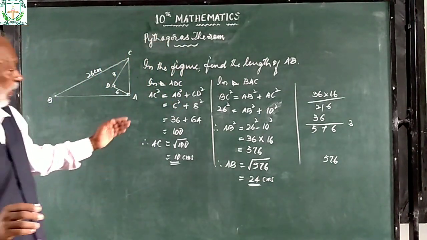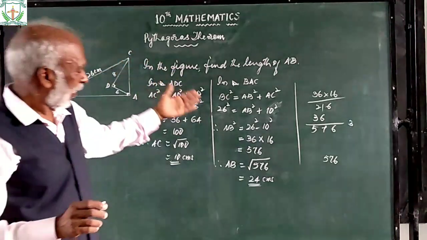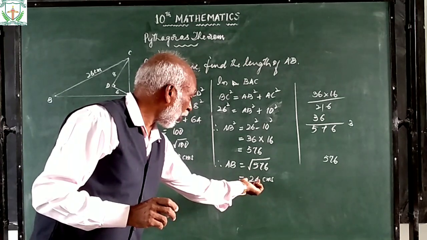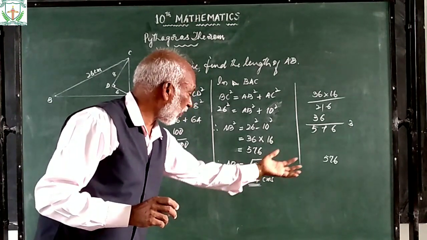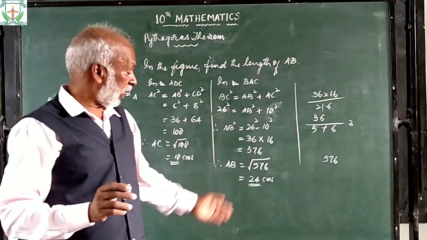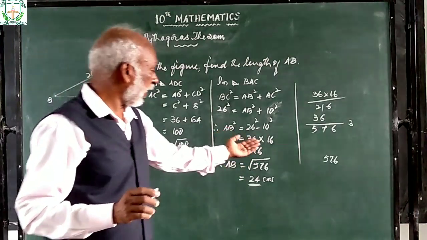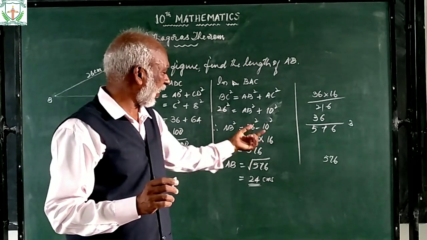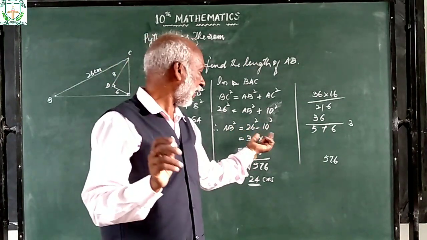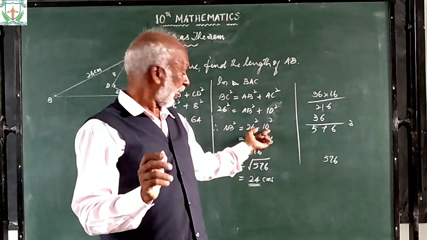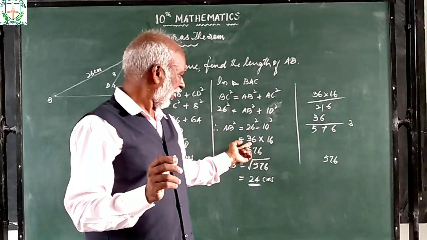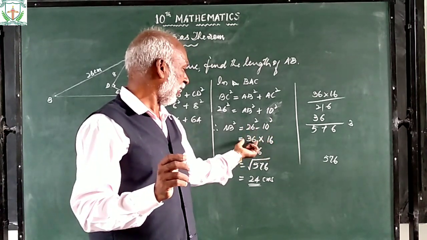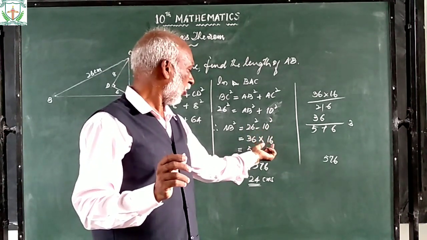How's it? So very simple. Only thing you need to know is how to find the square root of the given number by factor method. You can easily find it. And one more thing here, what I did is I did not find the square of 26. Instead, I made use of the identity. You are familiar with the identity: A square minus B square is equal to A plus B into A minus B. 26 plus 10 is 36. 26 minus 10 is 16.